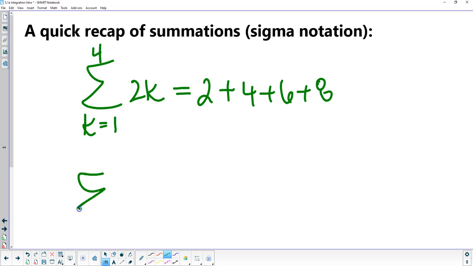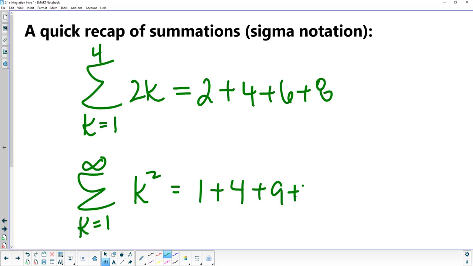Familiar? You can also have infinite sums. I could go from k equals 1 to infinity. And if I change my formula to k squared, this would be 1 plus 4 plus 9 plus 16 plus and so on. So you can have finite or infinite sums. Just a quick recap from Algebra 2 and Pre-Calc.